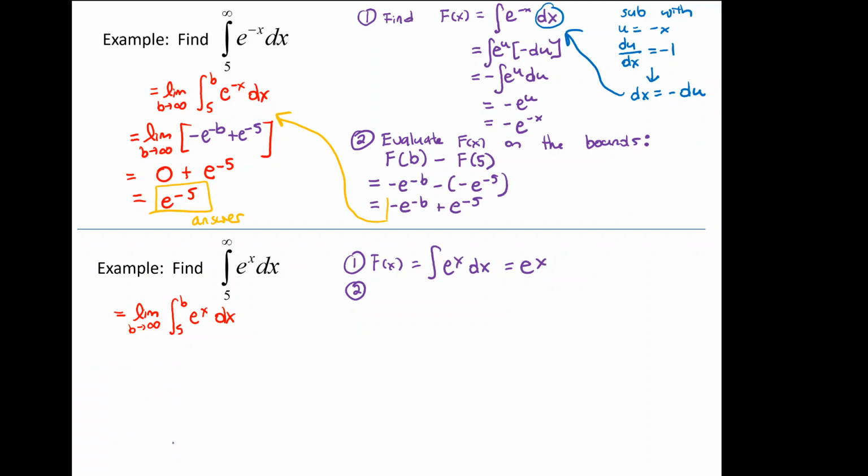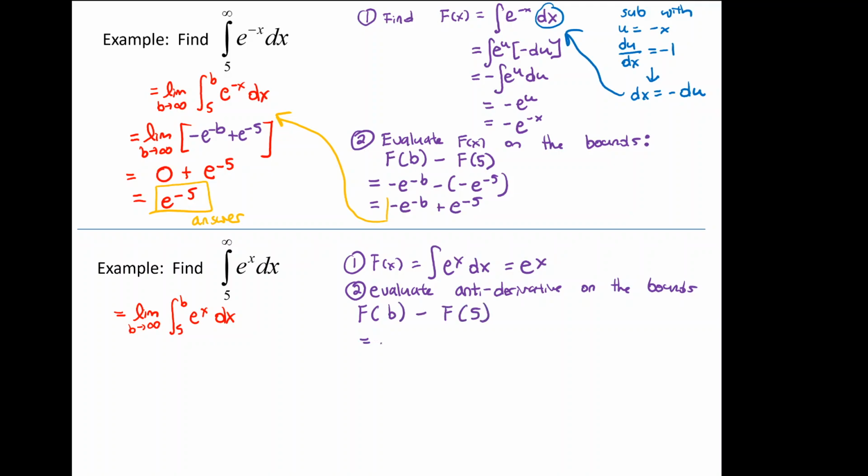Okay, now step 2 is we evaluate on the bounds. Evaluate the antiderivative on the bounds. So capital F at b minus capital F at 5.